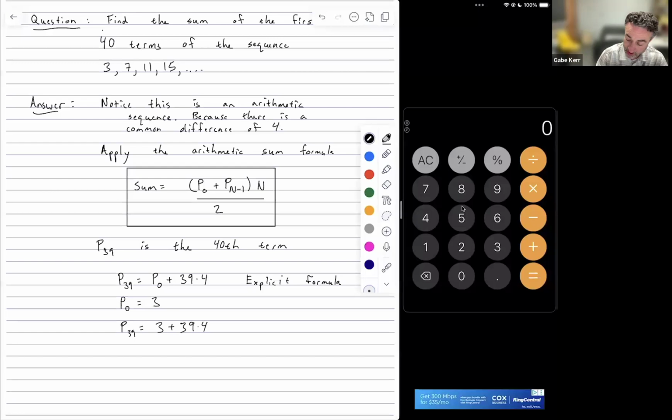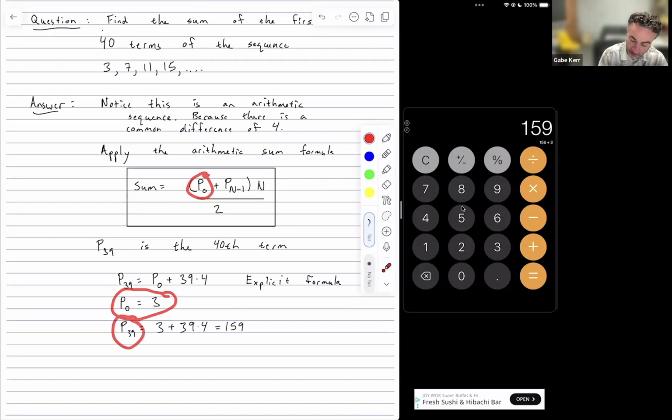And then we use the calculator. 39 times 4 equals 156. We add 3, and we get 159. Great. So now we have both ingredients that we need here. We have P naught equaling 3. We have P sub 39 equaling P n minus 1. N is 40 because we are trying to sum the first 40 terms.